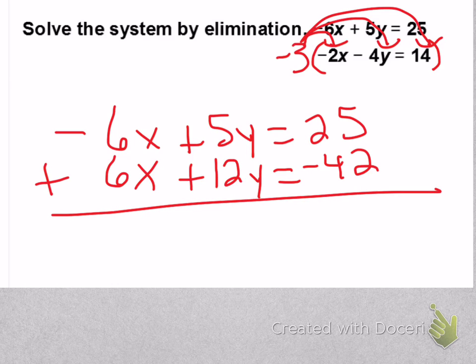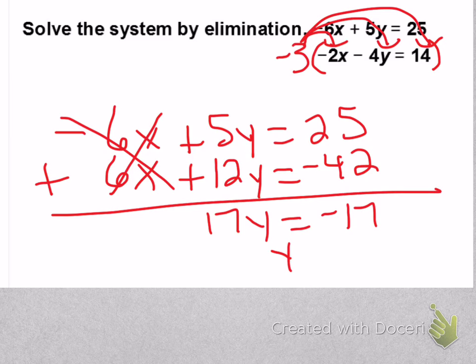So now I can get my x's to cancel out. So 5y and 12y is 17y. And 25 minus 42 is negative 17. So I can see that y equals negative 1. Pick one of the equations to plug in negative 1 for y. So we could pick the top equation.